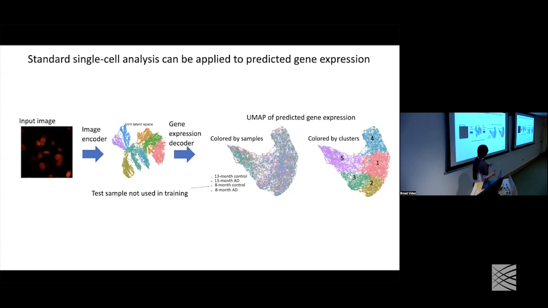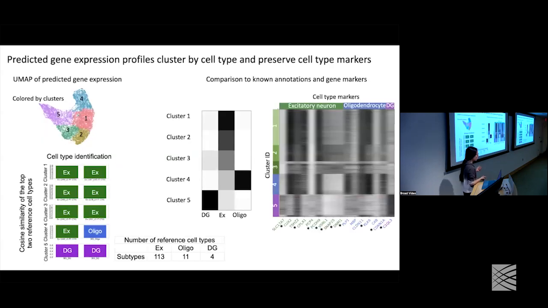We can then do the usual clustering analysis on the predicted gene expression and identify the cell types from the predicted gene expression. So we can do the usual cell type identification and then look at the markers of each cluster to identify which cell type corresponds to different clusters.